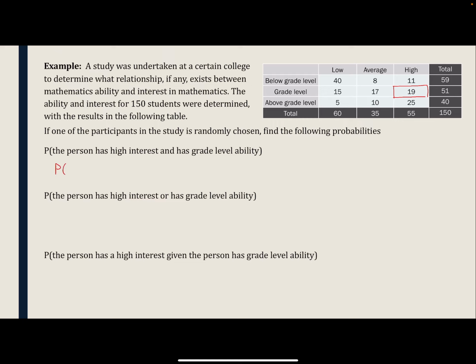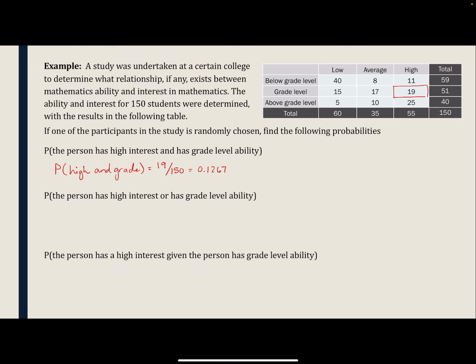So the probability that they have a high interest in mathematics and grade level ability is going to be 19 out of 150. And as a decimal, this is 0.1267.